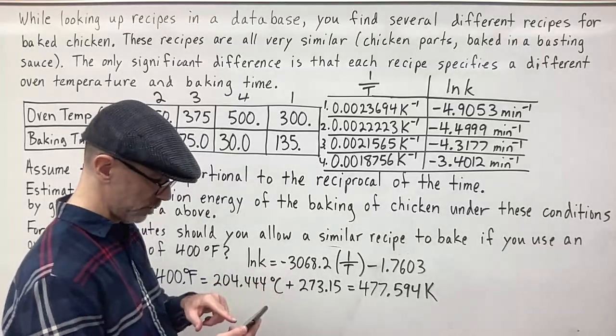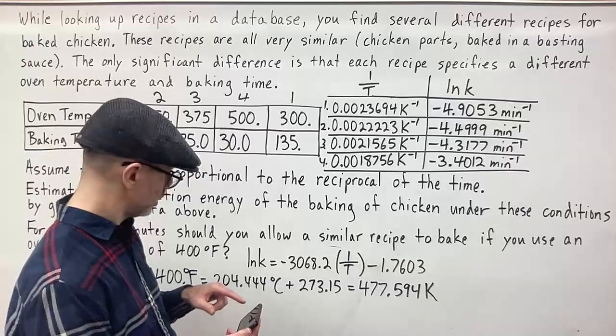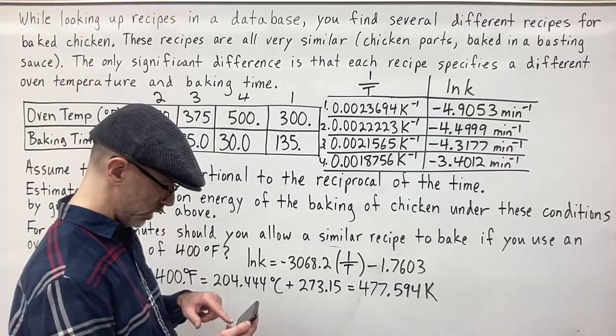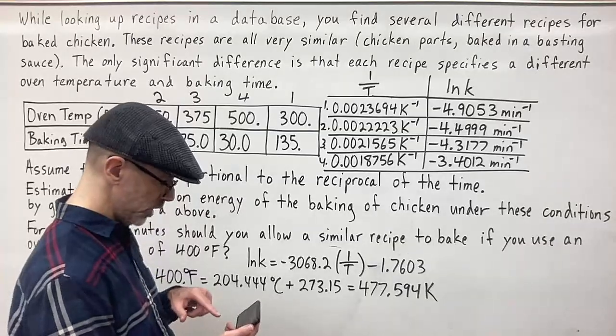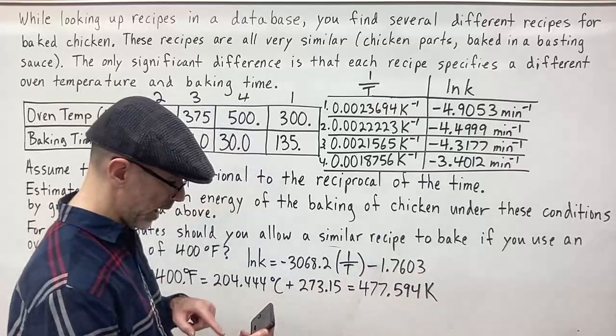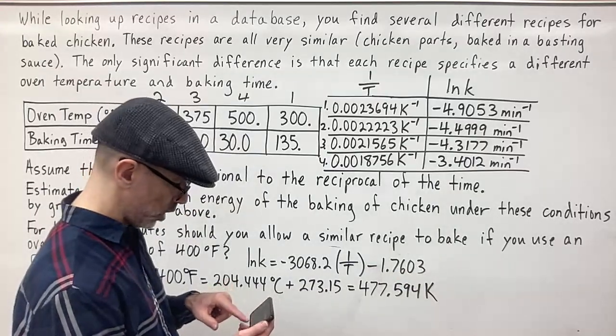So let's multiply by 3068.2, equals, and then I'm going to subtract 1.